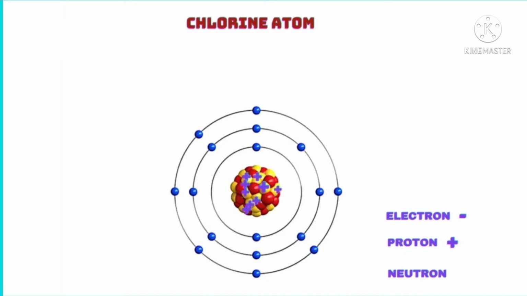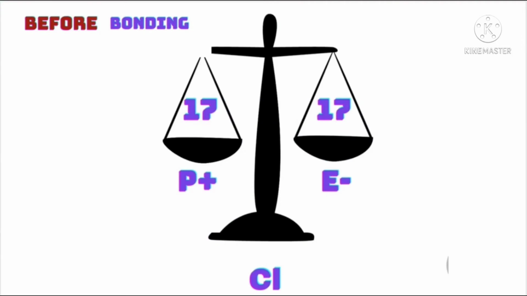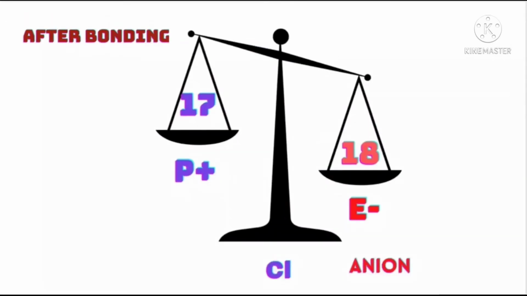They had the same number of electrons and protons, and they were neutral. But when they give away electrons, or take electrons, their electron and proton numbers become different, and they get charged. For example, a chlorine atom had 17 electrons and 17 protons before bonding, but after taking one electron from sodium, its total electrons have become 18.